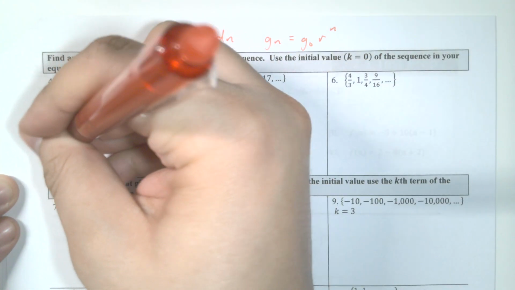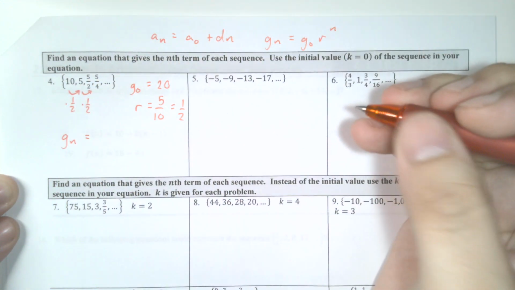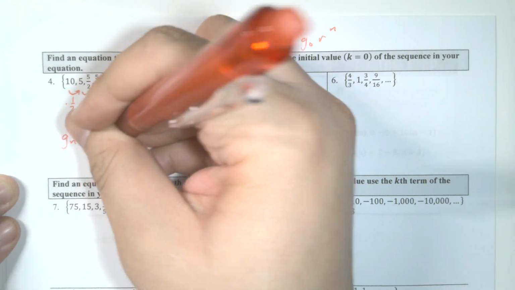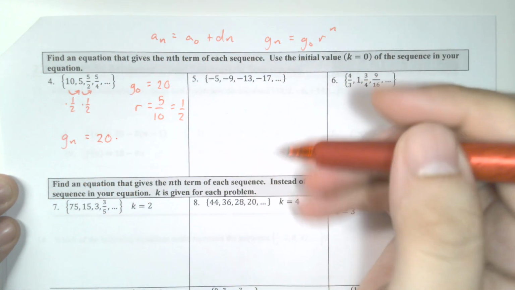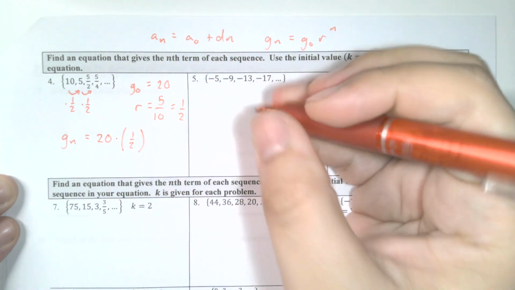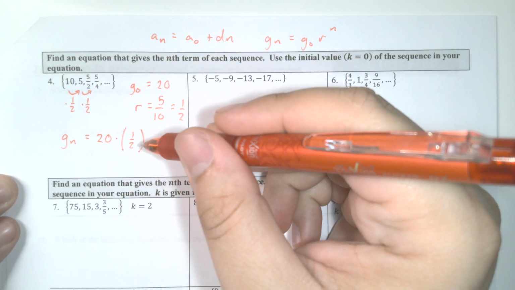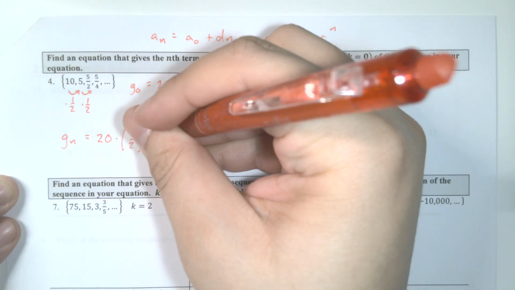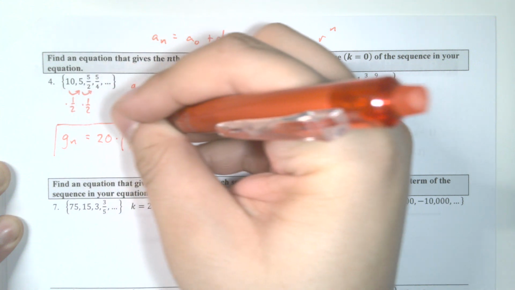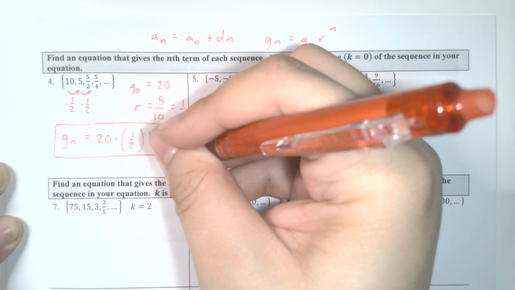Therefore, g sub n is equal to g sub 0, which we've determined is 20, times our common ratio, and I highly recommend putting this in parentheses, anytime you have a fraction at least, our common ratio to the power of n. Let's box that real quick because that is our final answer.